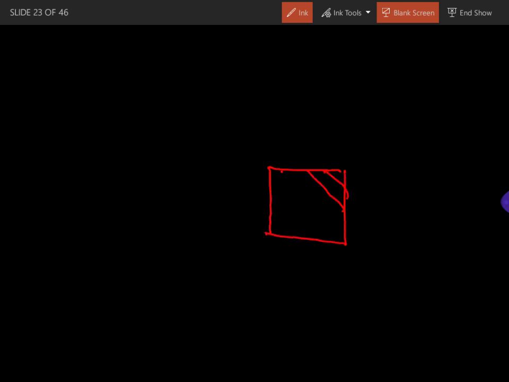So let's say you have an object which is able to stop the propagation of the waves, and you have the waves coming in like this.